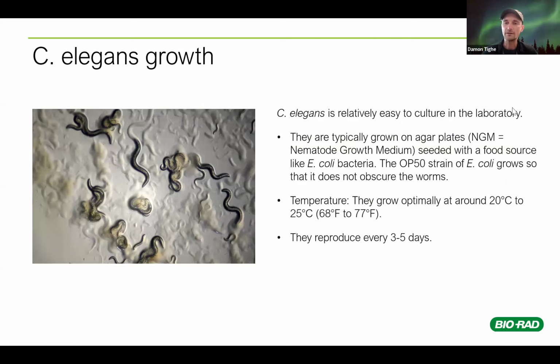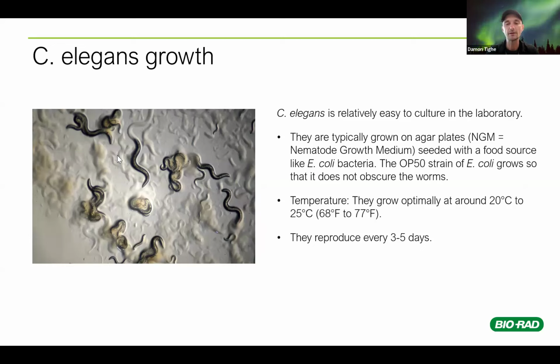We talked about how easy they are to culture in the laboratory, and you have some experience with that under your belt now, since you've had them in your hands for a few days potentially. You could try to hold on to your plates for a while and see how long that plate of starter worms goes. What you'll notice is, as long as you keep them out of the heat and keep them from getting dehydrated, they'll be able to go easily for months on that plate before they crowd it out.